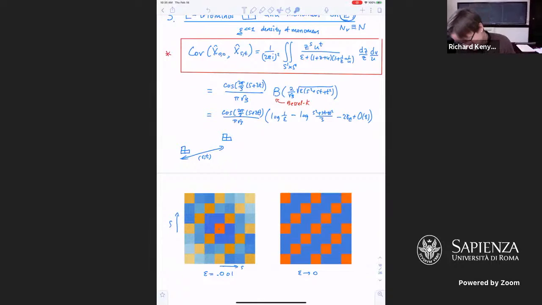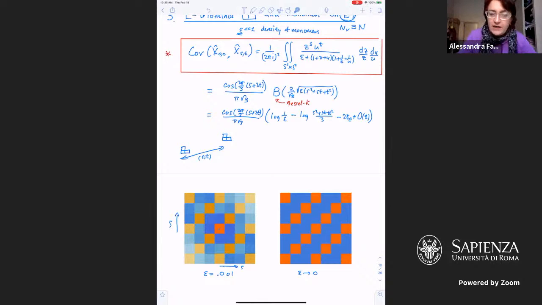You can see that as epsilon gets smaller and smaller, you converge to this sort of crystal shape, right? The covariance becomes perfectly correlated if they're along the same diagonal. If the diagonal is shifted by 1 or 2, they're not perfectly anti-correlated, but they're anti-correlated. And then they're again perfectly correlated if you shift by a multiple of 3 diagonally.